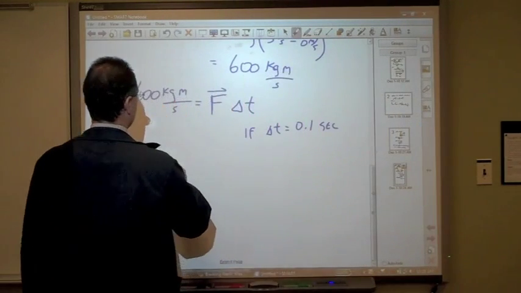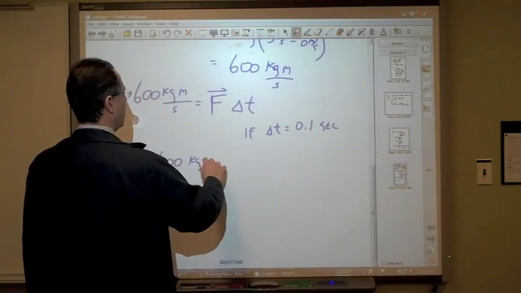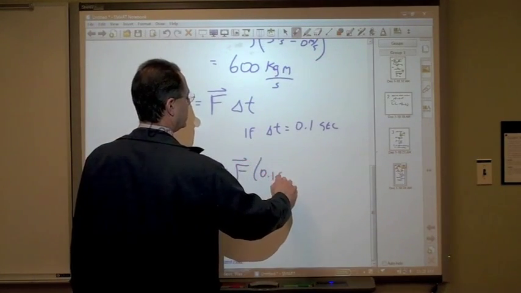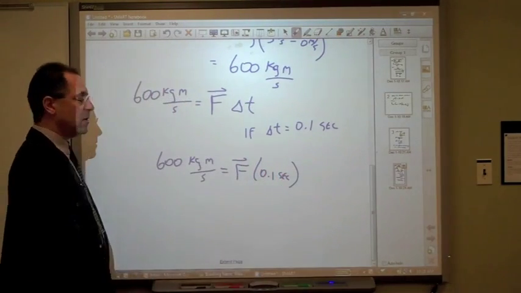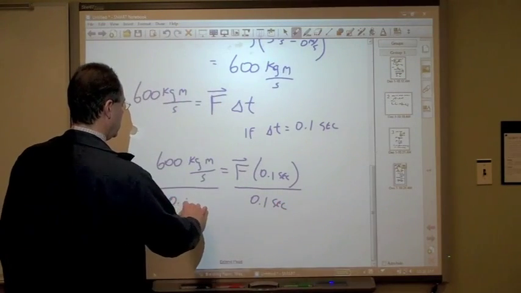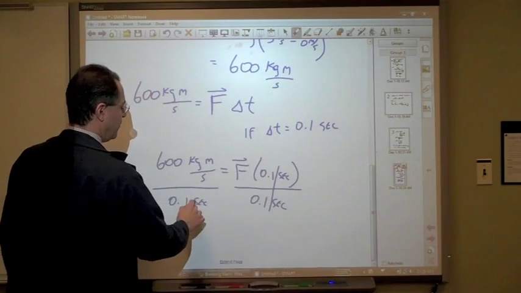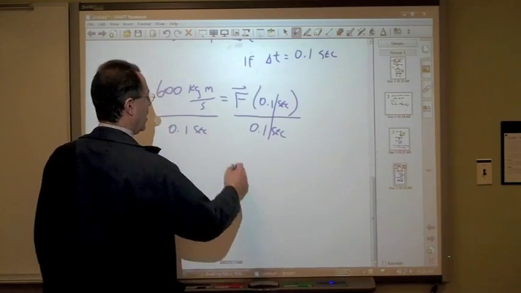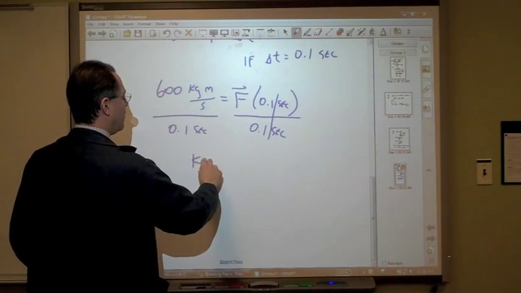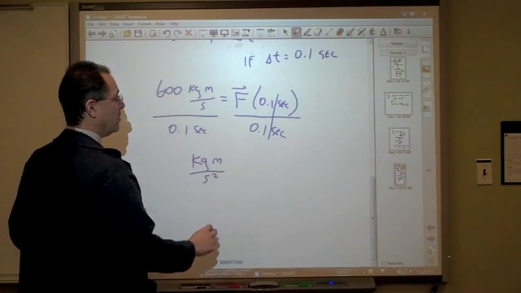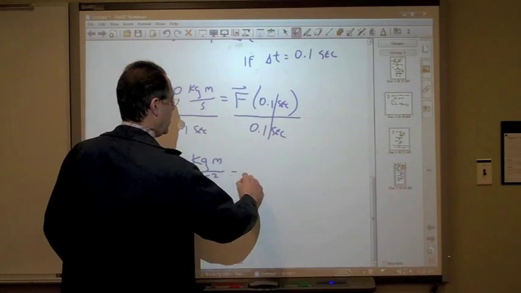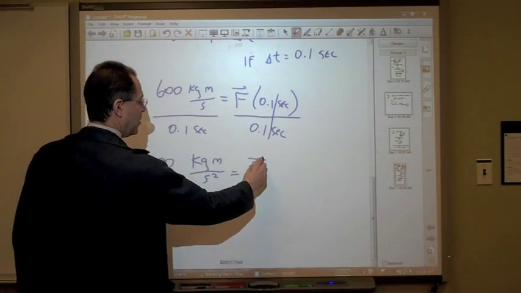You can say 600 kilogram meters per second is equal to the force of the car on the deer times 0.1 seconds. Dividing both sides by 0.1 seconds, we can solve for the force on the deer. And it's going to be kilogram meters per second squared, and you're going to get 6,000, right? 600 divided by 0.1. And what's a kilogram meter per second squared? Well, that's a Newton, isn't it?